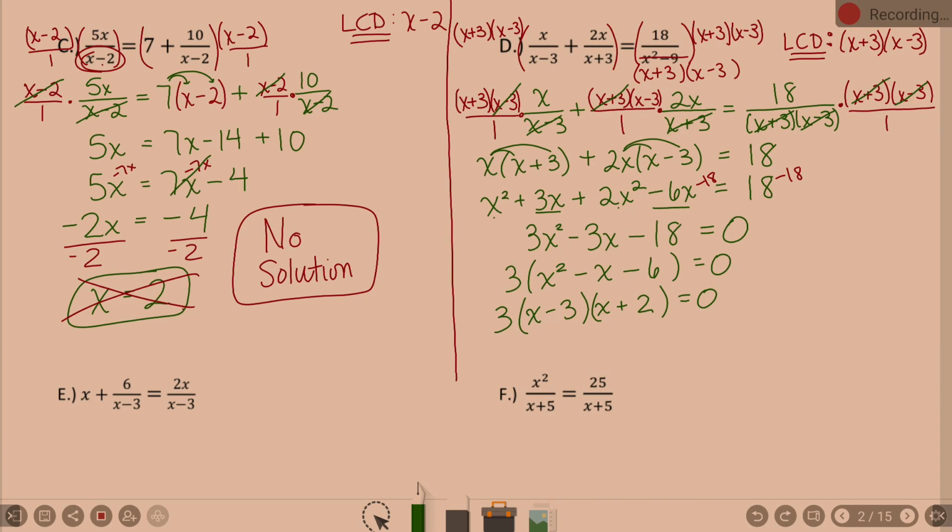So the pieces you're worrying about are x minus 3 equals 0 and x plus 2 equals 0. If you solve each of those, what are we getting for solutions? Add 3 and we get a solution of 3. Subtract 2 and we get a solution of negative 2.